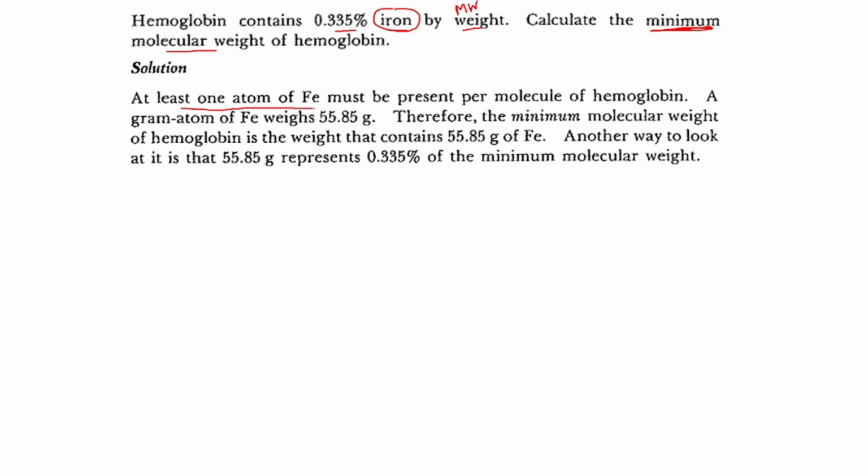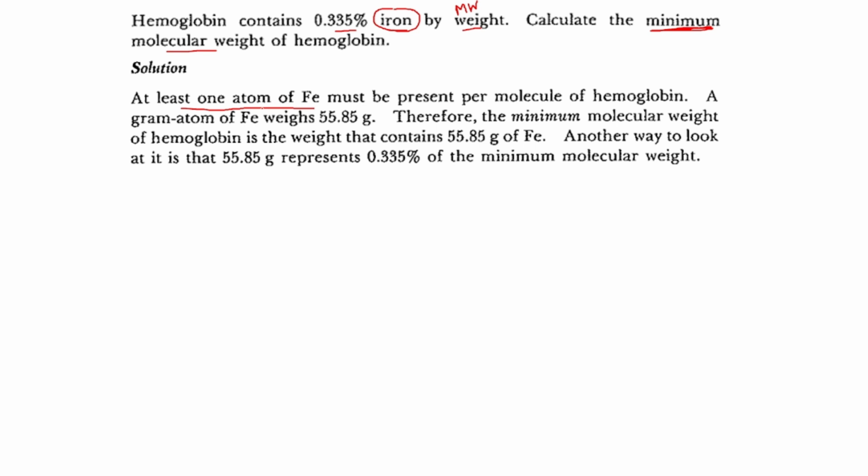We are considering the minimum possible number of iron atoms. So in a minimum possible situation, there can be only one atom of iron, so that the molecular weight will be minimum.